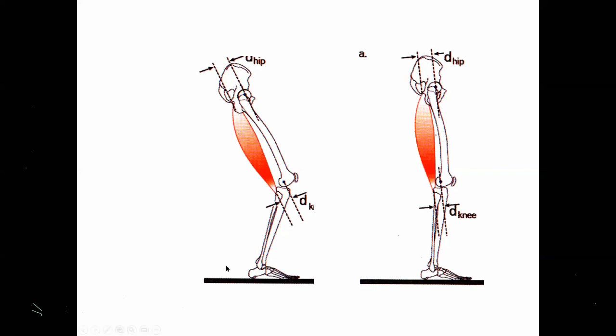What I understand, sir, is that if the knee is straight, then the hamstring will act as a hip extensor. But if the knee is in flexion, then the hamstring will act as a knee flexor.